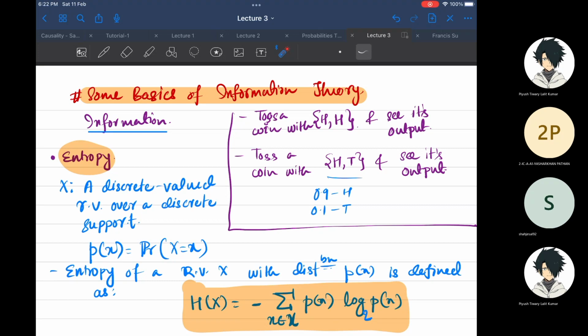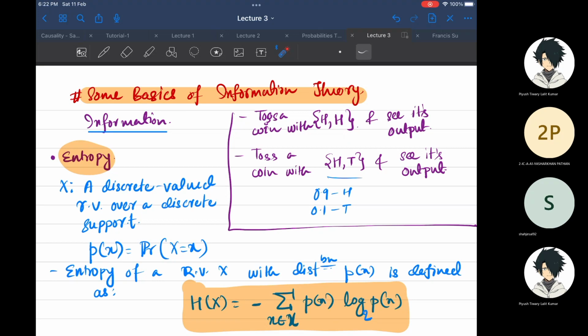Okay. So last time we had started with some basics of information theory, right? The first question that we asked ourselves was, what do we even mean by the word information? We saw that information is nothing but anything that reduces uncertainty. For example, let's say you have a coin, and both of its sides are heads.